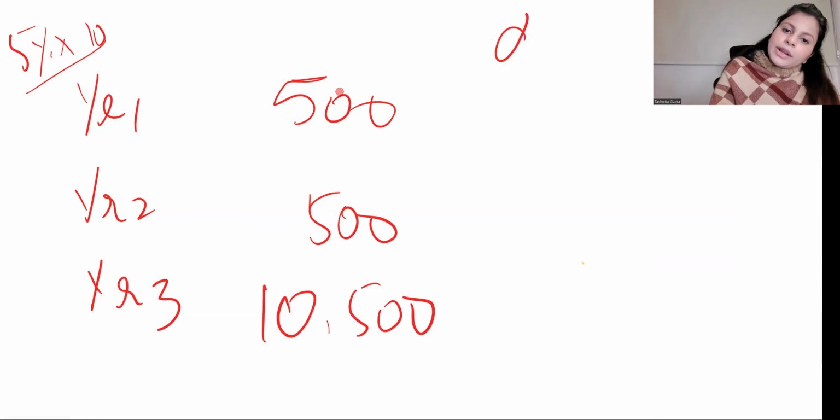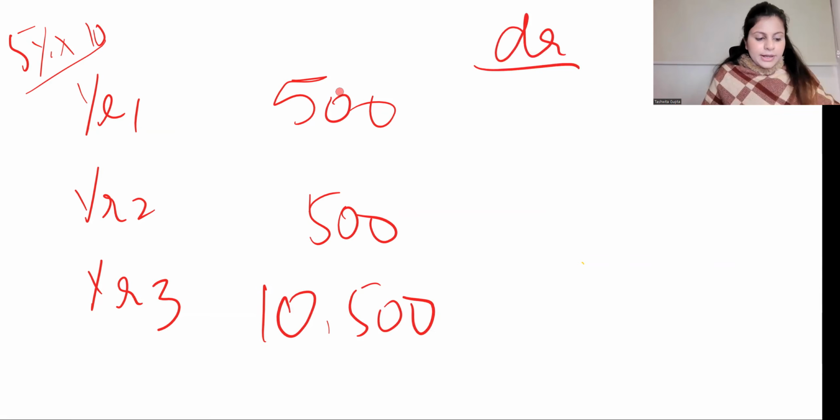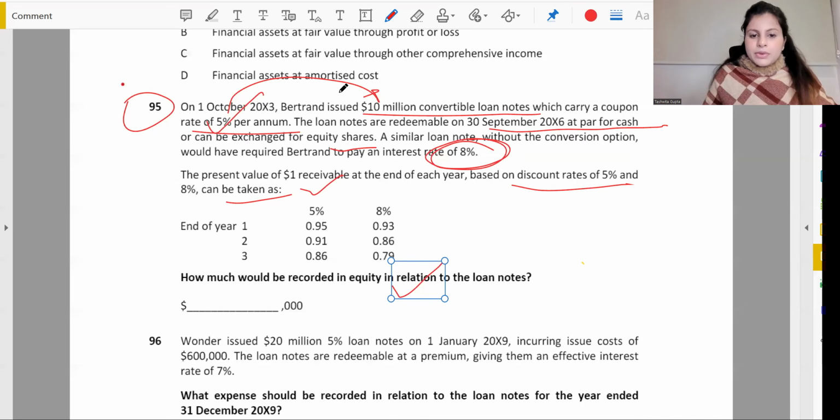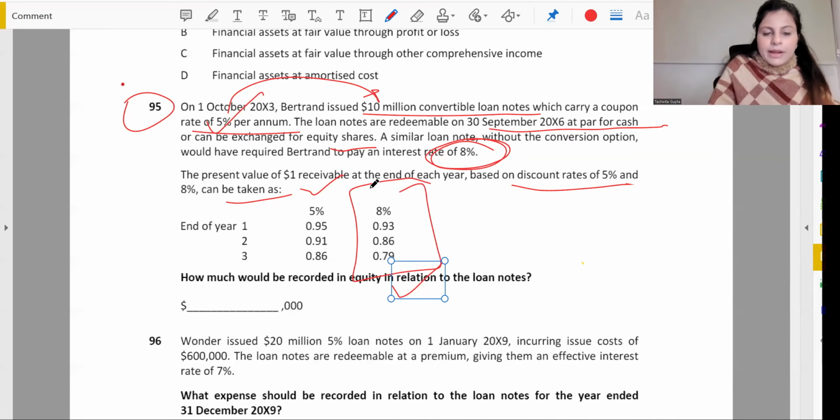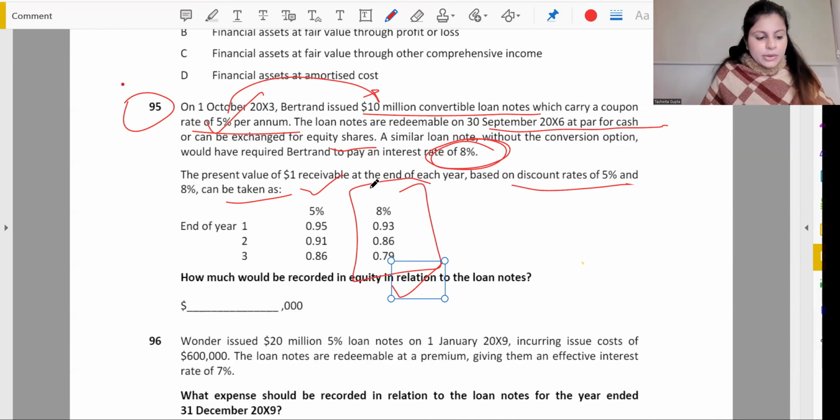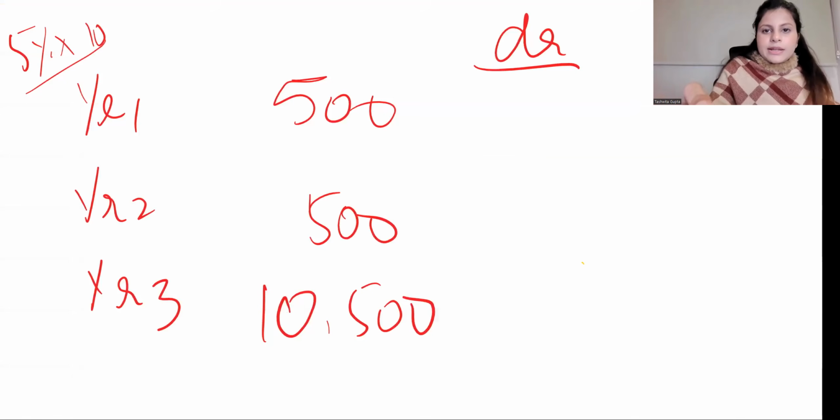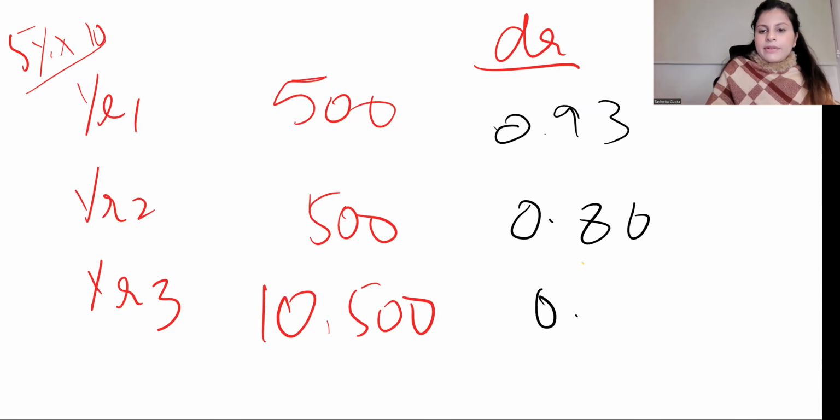What will be my discounting rate? Discounting rate is 8%, which is to be used. So they have given you the discounting factor 0.93, 0.86, 0.79. So let's use that: 0.93, 0.86, 0.79. What is the present value coming out?